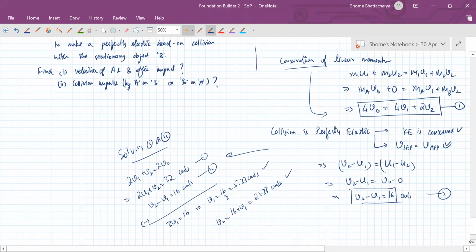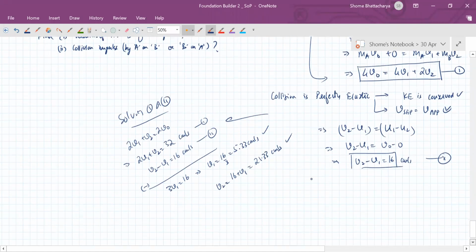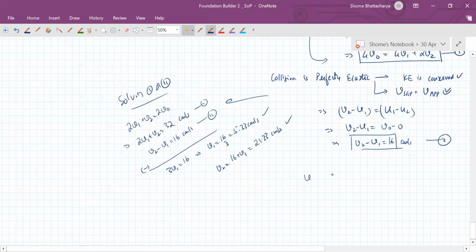So what that is showing us is that V1 is a positive quantity, plus 5.33. That's showing that even after impact, the block A will continue moving in the same direction, but now with a speed of only 5.33 centimeters per second. Whereas the block B was at rest initially, now it will have a velocity of V2, which is 21.33 centimeters per second.